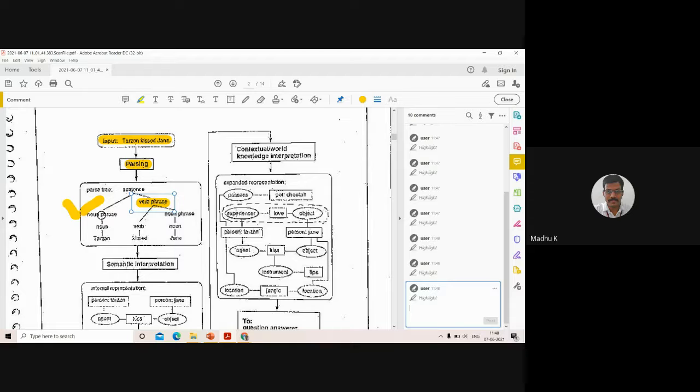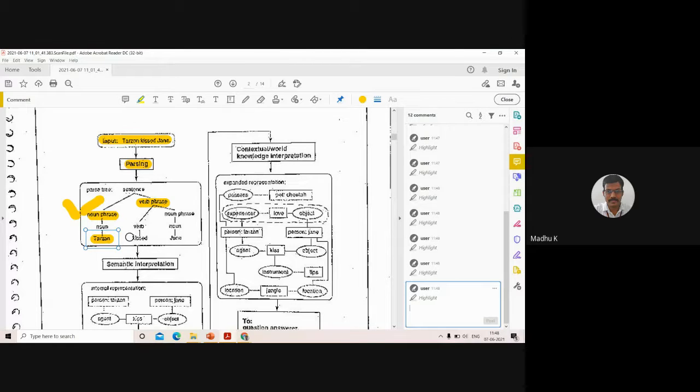There will be a production, and a production consists of variables and constants. The internal nodes represent the variables, and the leaf nodes are basically the values, the input we are applying.